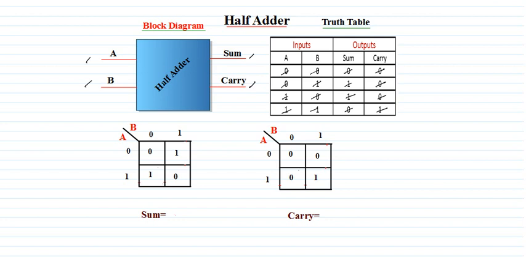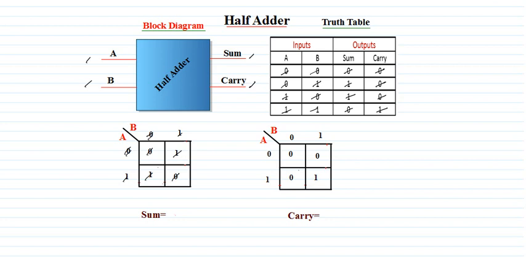Now, utilizing these input and output combinations, we can write the Boolean expressions for sum and carry by drawing Karnaugh maps. So now let us mark the entries of the Karnaugh map. For 0 0, sum is going to be 0, for 0 1, sum is going to be 1, for 1 0, sum is going to be 1, and for 1 1, sum is going to be 0.